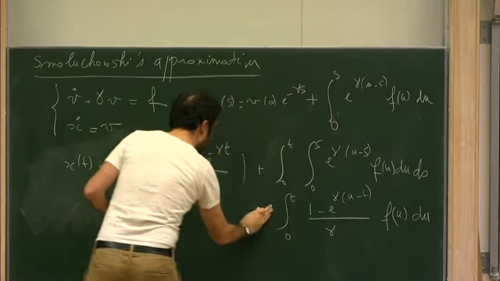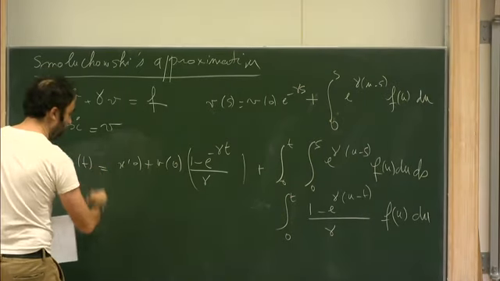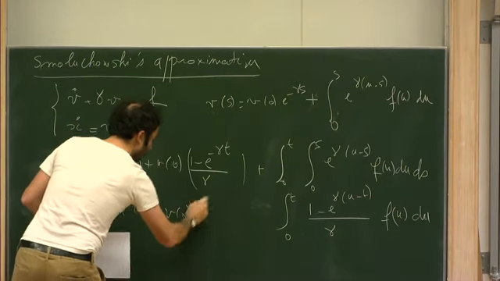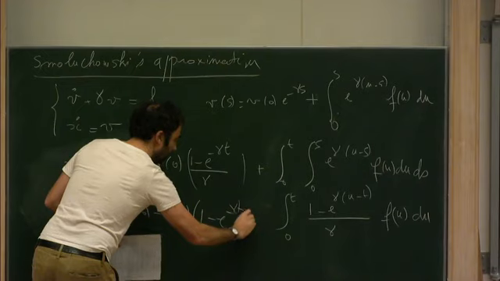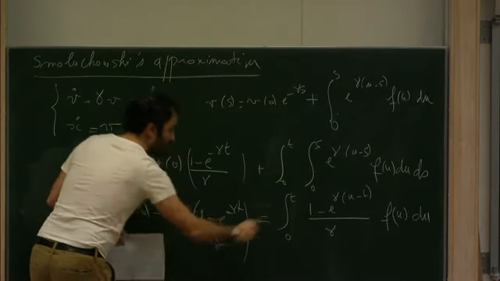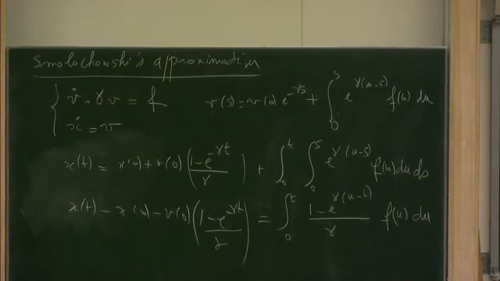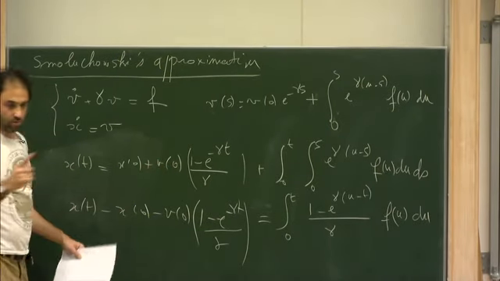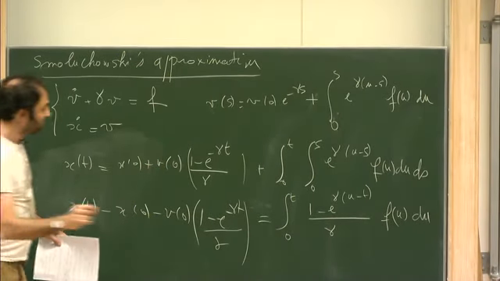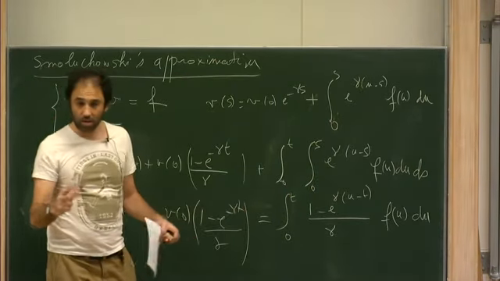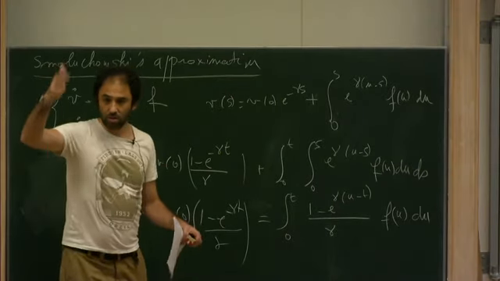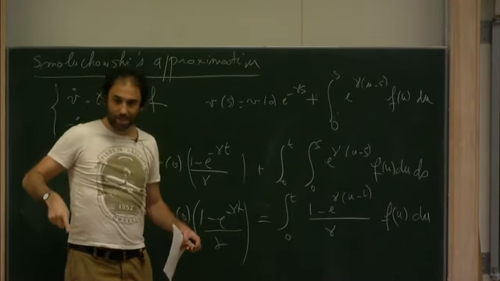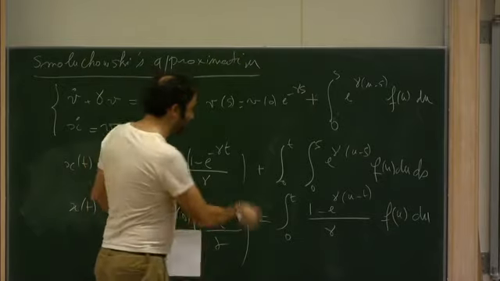And now if I put everything on the left side, I get x of t minus x0 minus v0 (1 minus exponential minus gamma t) divided by gamma equals this. I just put everything in the left hand side, and the only thing I haven't documented exactly is how you reverse the integral, but this is not hard. You are integrating over a triangle like this, and then you do it like this. All right? So this is what you get.